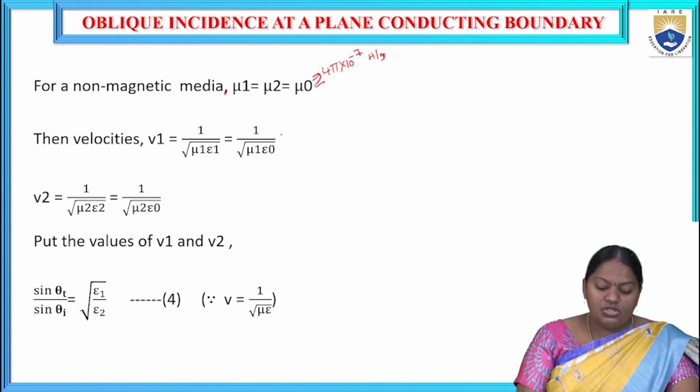Now from this relation, the general velocity formula in a medium is v equals 1 by root of mu epsilon.